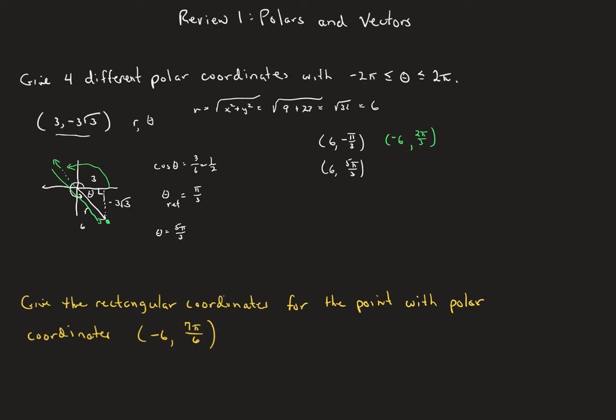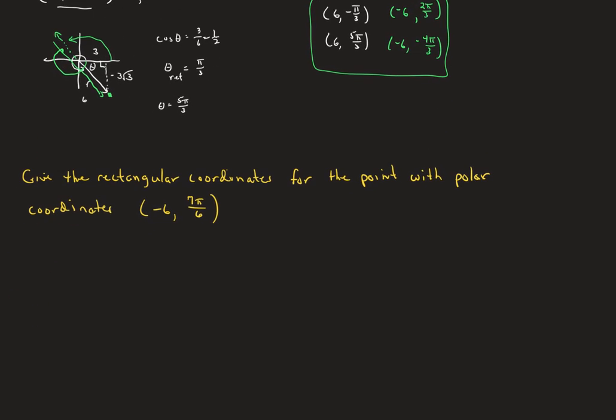And likewise, we could get to that angle in quadrant 2 with a negative 4 pi over 3. So these are our 4 answers, the 4 polar coordinates for that rectangular coordinate.